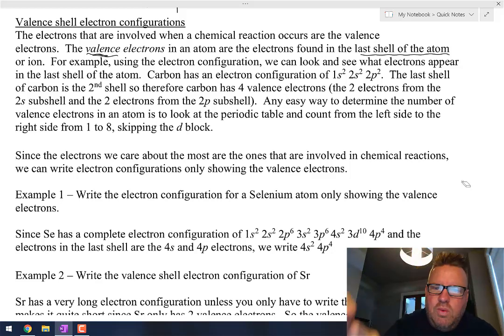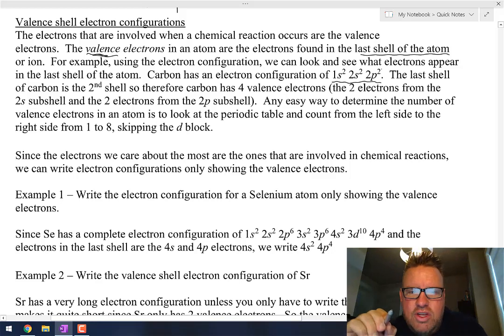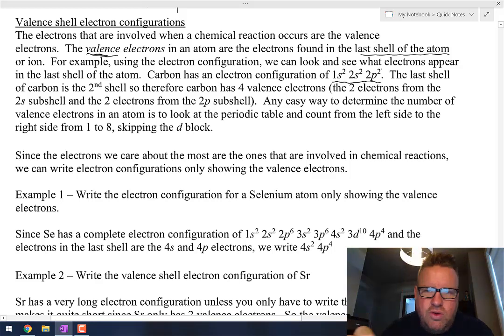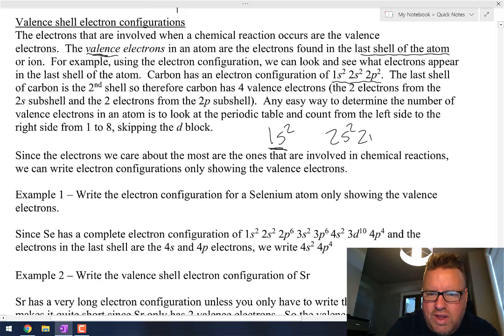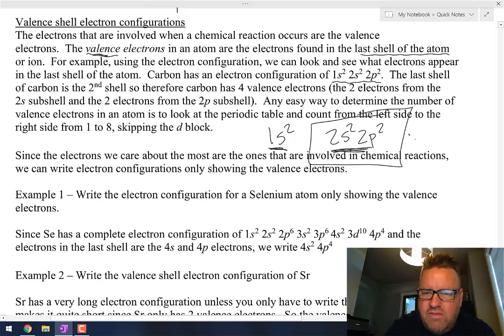So when we look at, for example, carbon, carbon's electron configuration is 1s2, 2s2, 2p2. That means there are 2 electrons in the 1s subshell, so that's the first shell. And then in the second shell, we have the 2s and the 2p. So what are the valence electrons? These are the valence electrons. How do I know that?